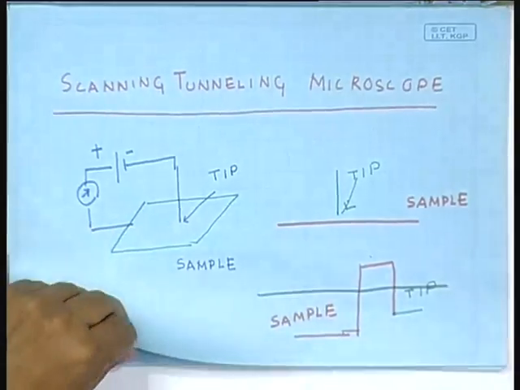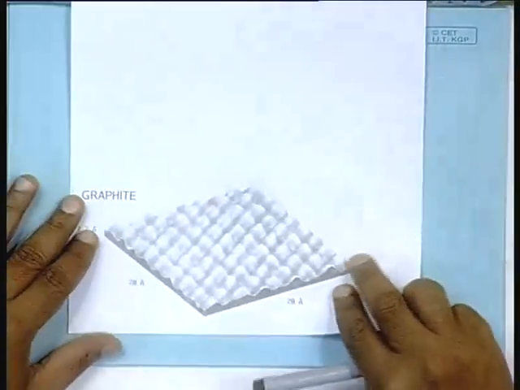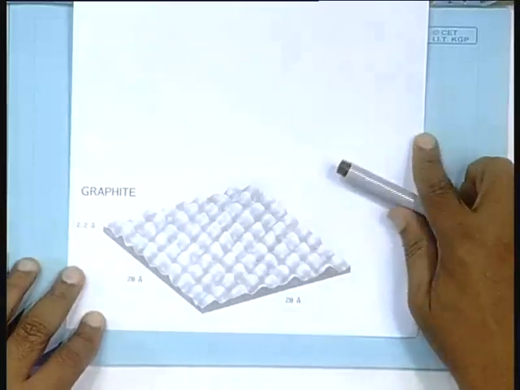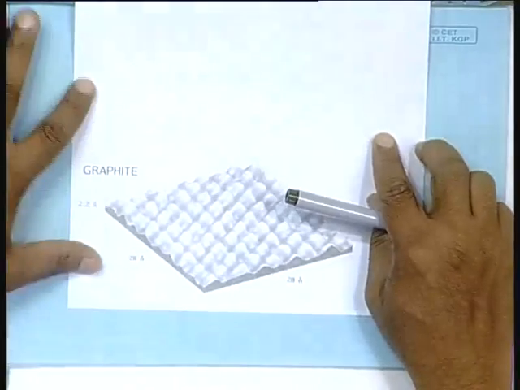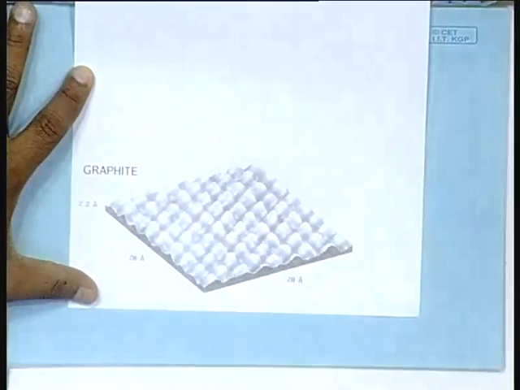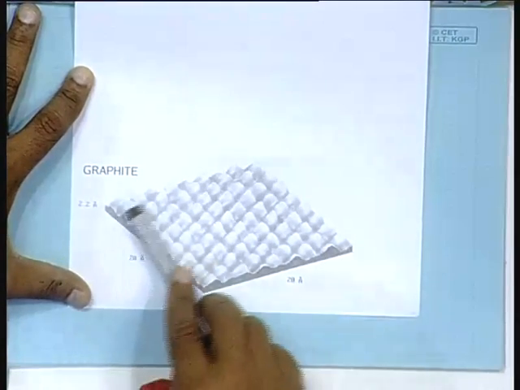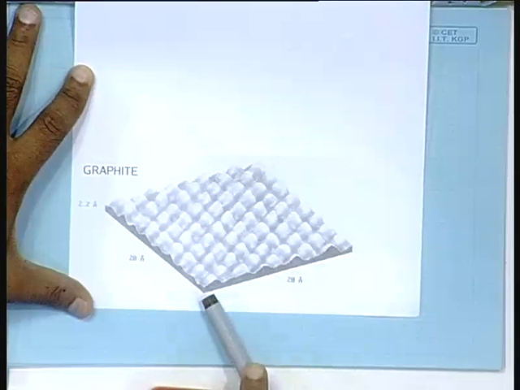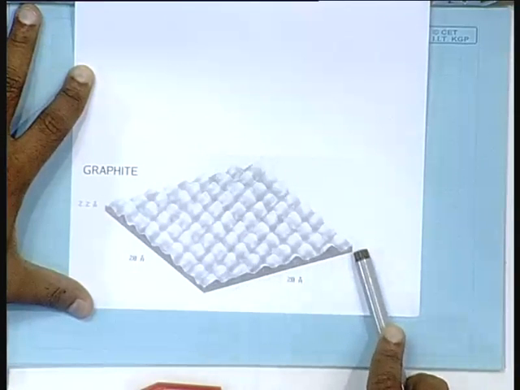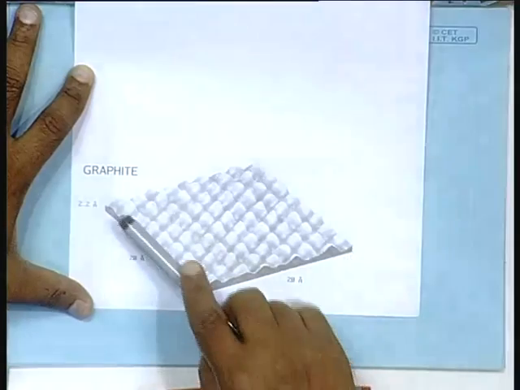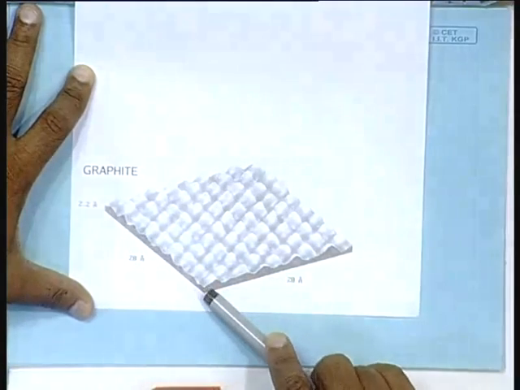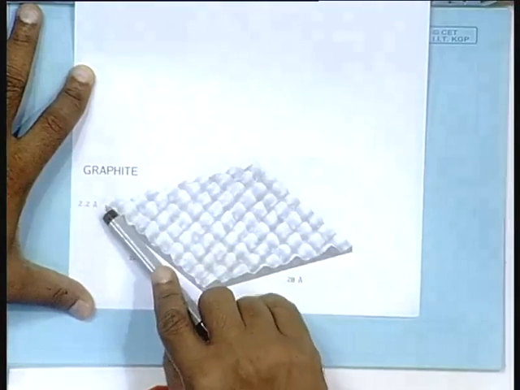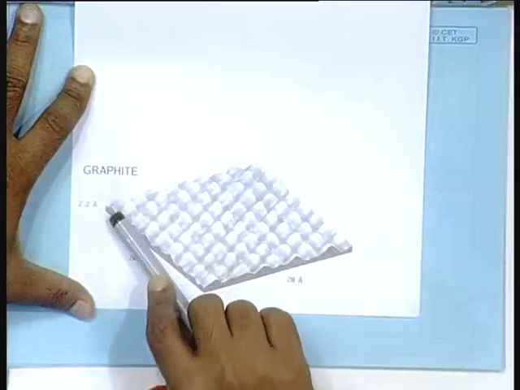So, let me show you a picture which has been made by a scanning tunneling microscope. This shows you an image of a graphite sample made using a scanning tunneling microscope. This image is 20 angstrom wide in this direction, it is 20 angstrom in this direction, and it is 2.2 angstrom thick.